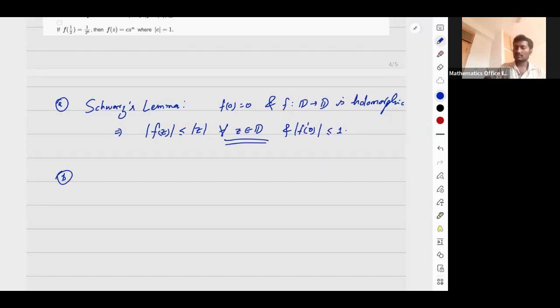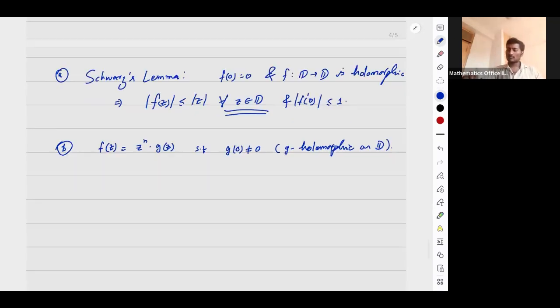But we are looking for part B. f of z is nothing but z to the power n into g of z, such that g is holomorphic and g of 0 is not 0. All the zeros of f have been encountered in this function z to the power n. So g of 0 is not 0, and g is of course a holomorphic function.